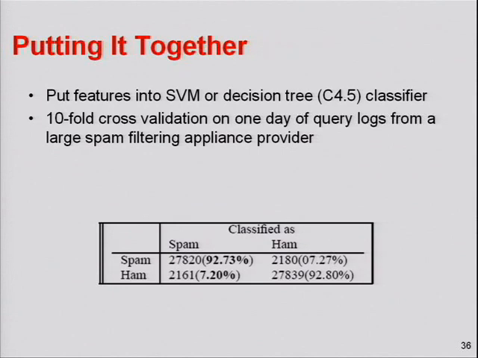Now that sounds actually high, but I should mention a couple of things. What we're comparing against here is the Secure Computing scores, right? So again, we don't know ground truth in terms of what's really spam and what's really ham. What we're trying to do is say, suppose we took the lightest weight features possible, like the things I showed you that we could get from a single packet, having not seen anything before from that sender.